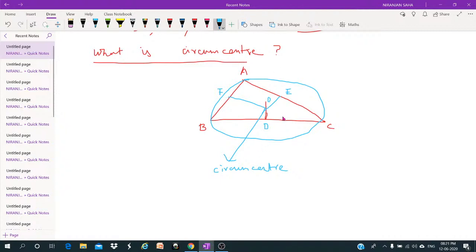Here the radii are OC, OA, and OB. So OA, OB, OC are all equal, all are radii of the circle.